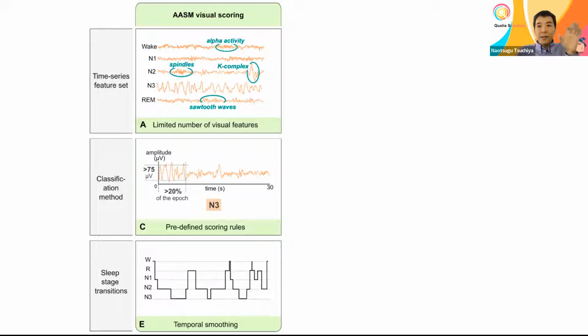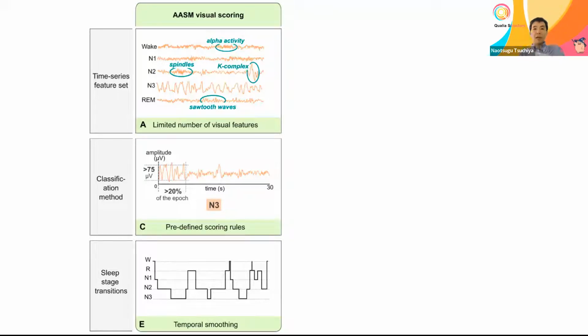The reason why it's 30 seconds is weird, and it's quite outdated, I have to say, because when sleep classification was invented, the polysomnography paper system produced this output over 30 seconds, and that's roughly the same size as an A4 paper.